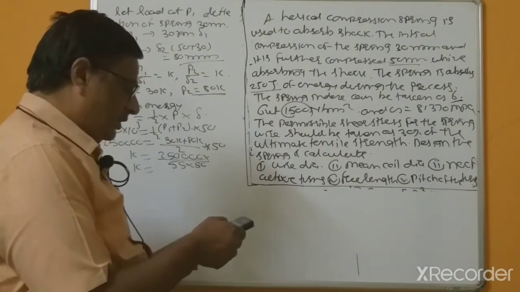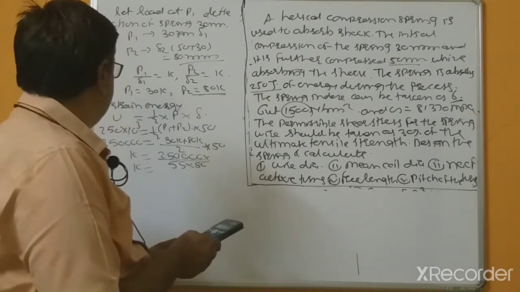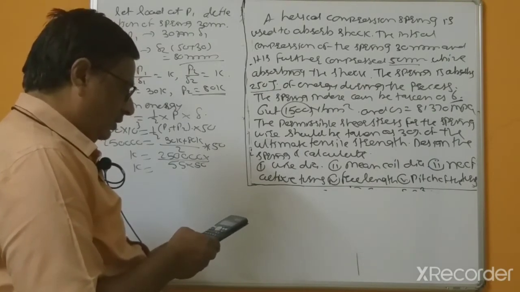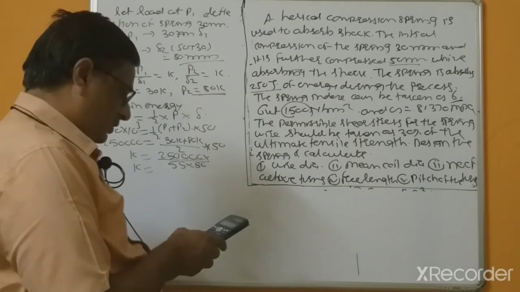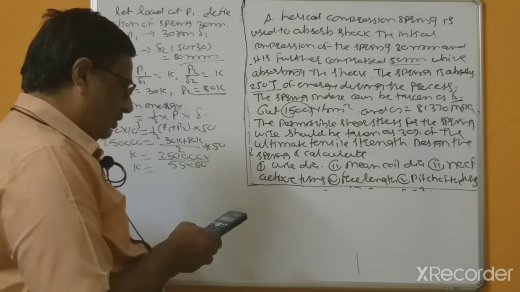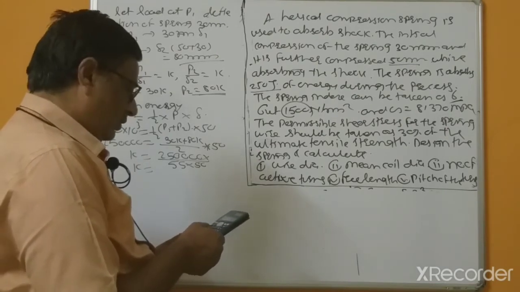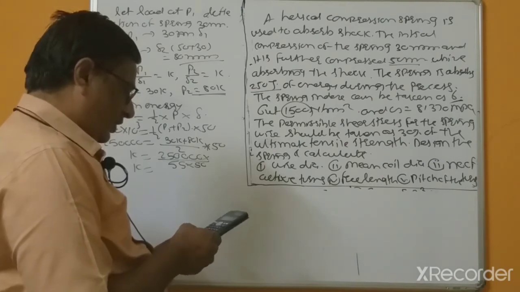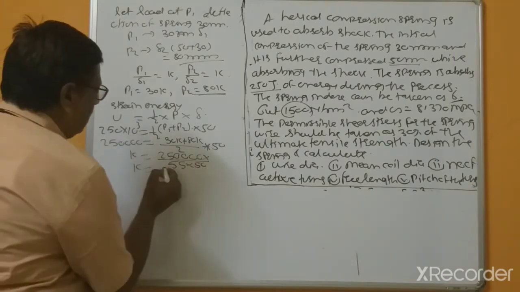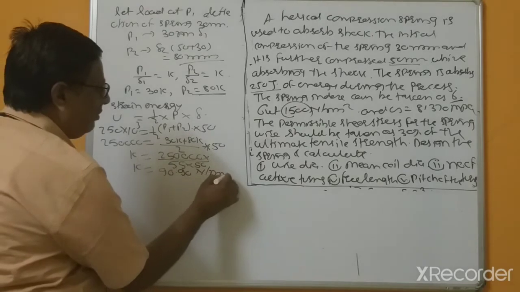The stiffness equals 50 divided by 55, some mistake maybe I did. K equals stiffness, 90.90 Newton per mm.